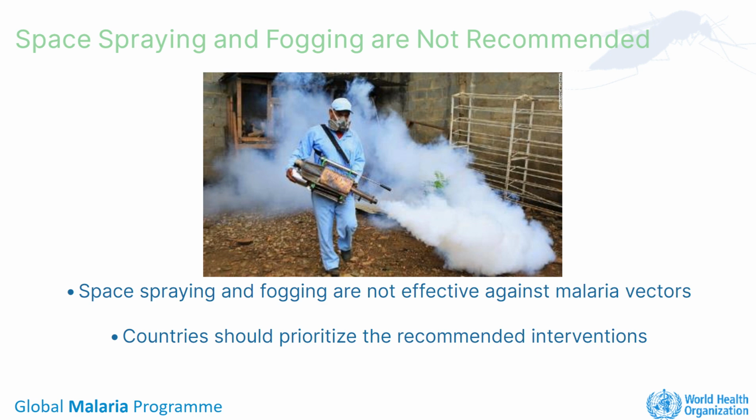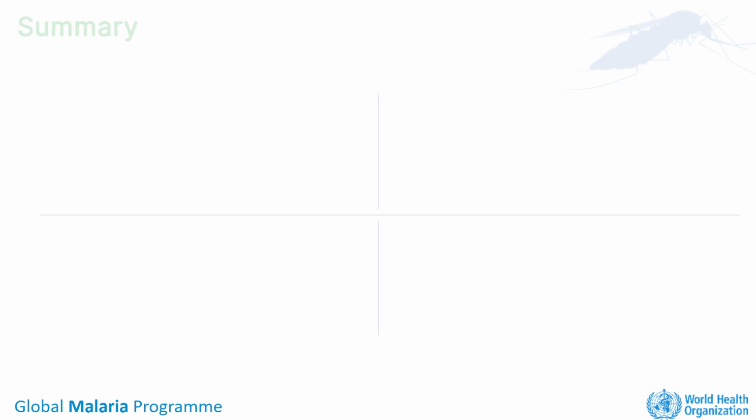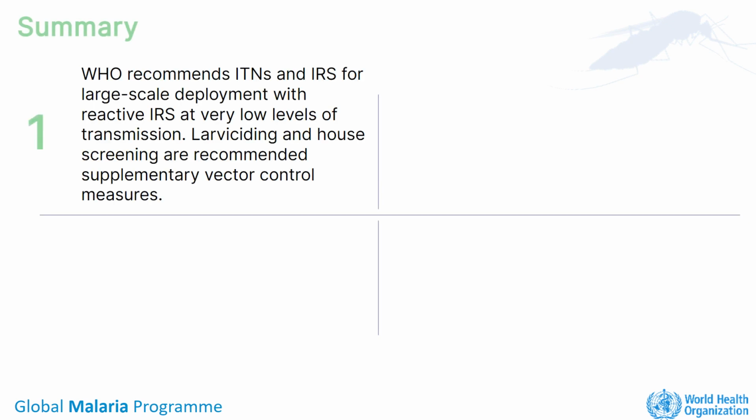particularly IRS or ITNs. In summary, WHO recommends ITNs and IRS for large-scale deployment and reactive IRS at very low levels of transmission. Larviciding and house screening are supplementary vector control measures recommended by WHO.